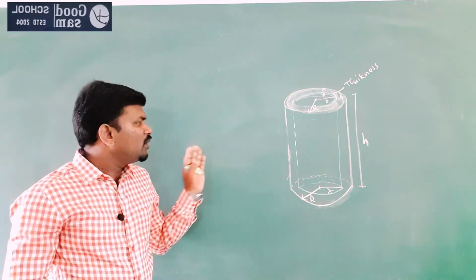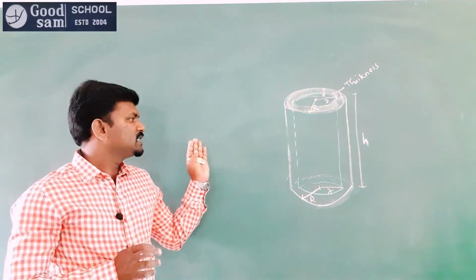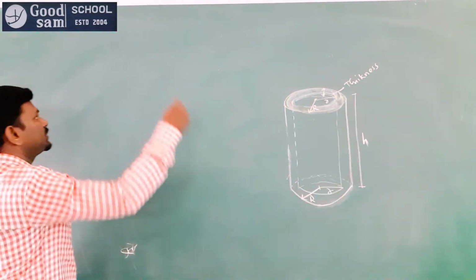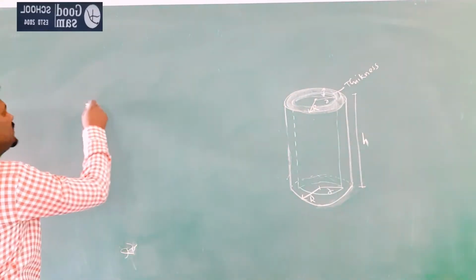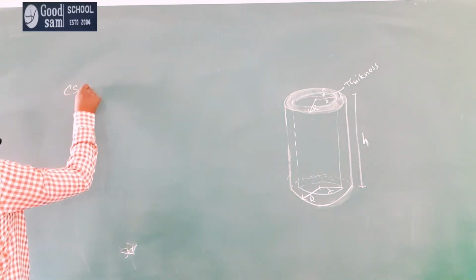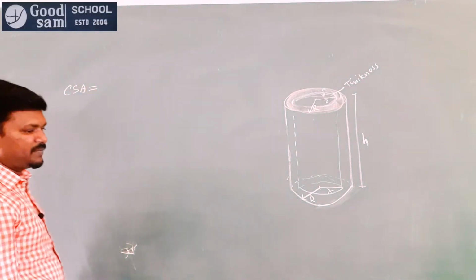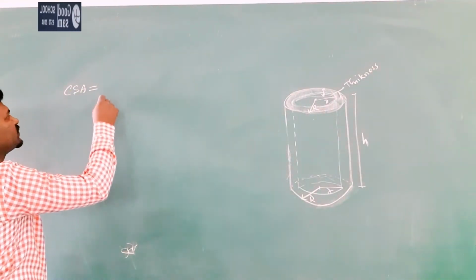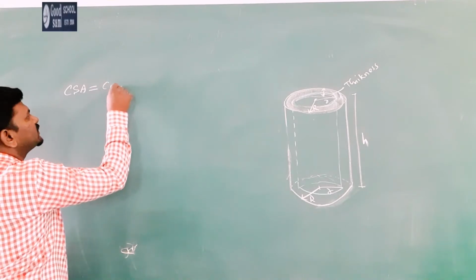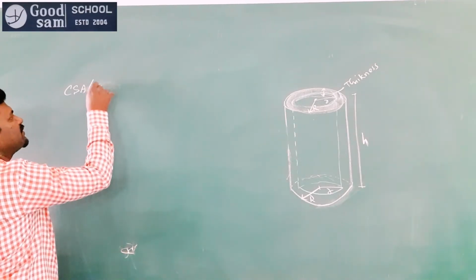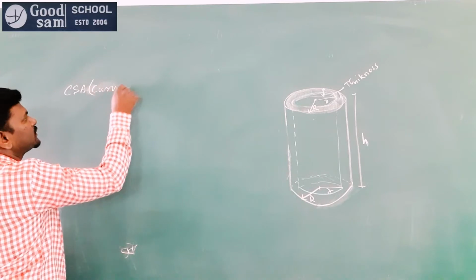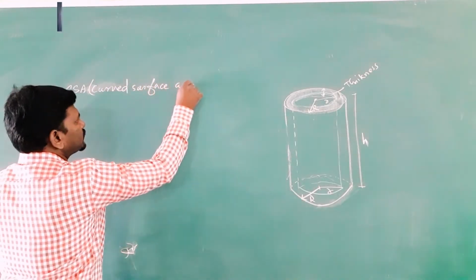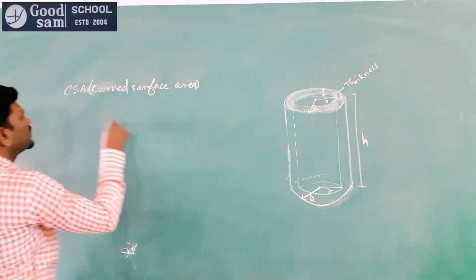So how to find the CSA, TSA and volume of a hollow cylinder? First, CSA. We already know curved surface area.